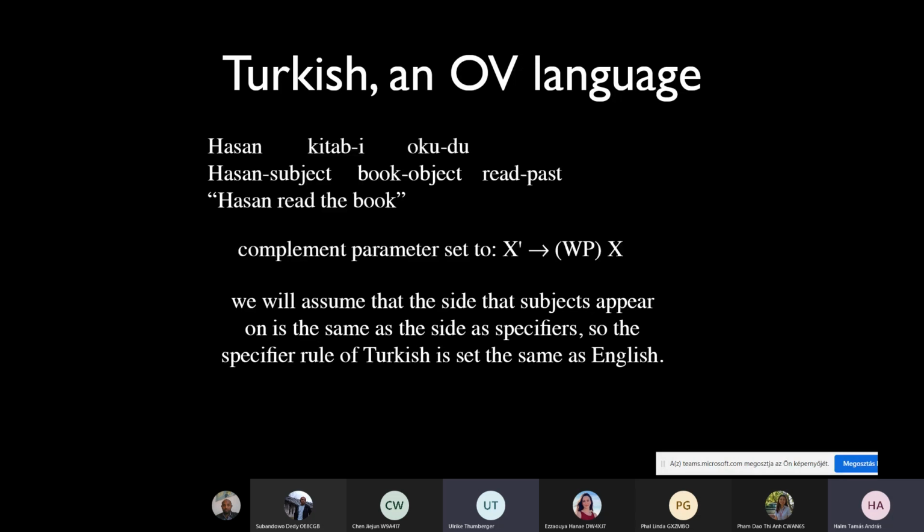I know that there has been discussion going on whether the word order in German is actually OV, because in the subordinate clause the verb comes in the final position, but in the main clauses the verb has to be in the second position of the sentence, so it's a bit complicated. But I know that there's discussion going on about this, that the basic word order of German is actually OV.